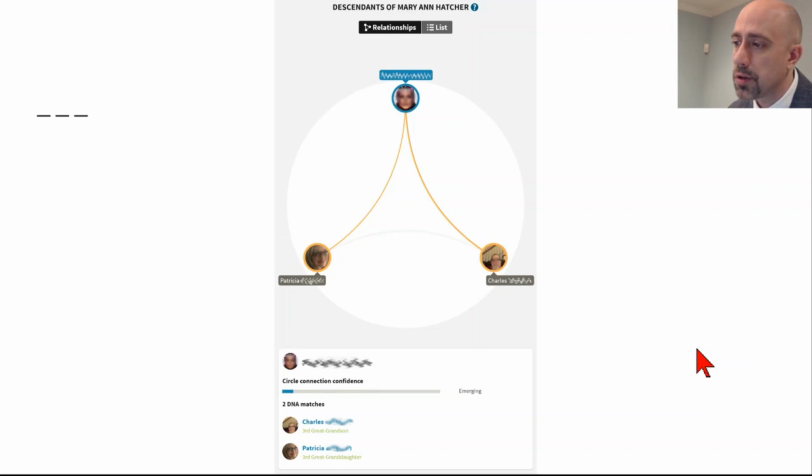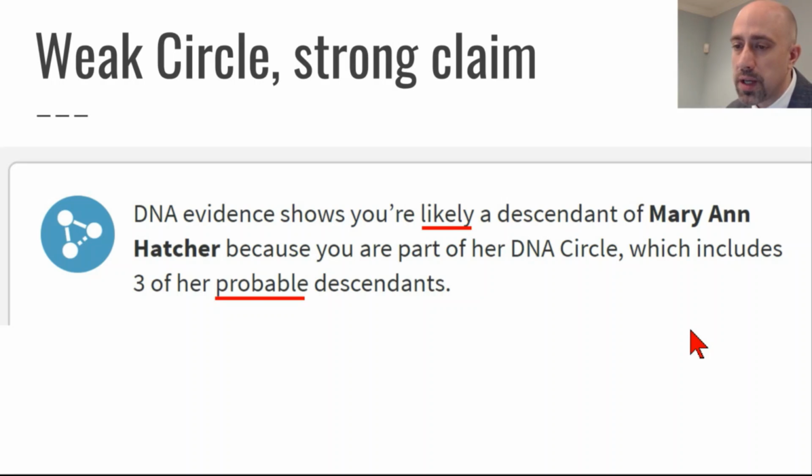Here's another DNA circle. I'm not a member of this circle. This is the Mary Ann Hatcher DNA circle, and as you can see, not all DNA circles are as robust and impressive as the Cinderella Sellers circle. Some are very small and weak. This is a very small, very weak circle. And yet, we get the same claim from Ancestry at the top of the page.